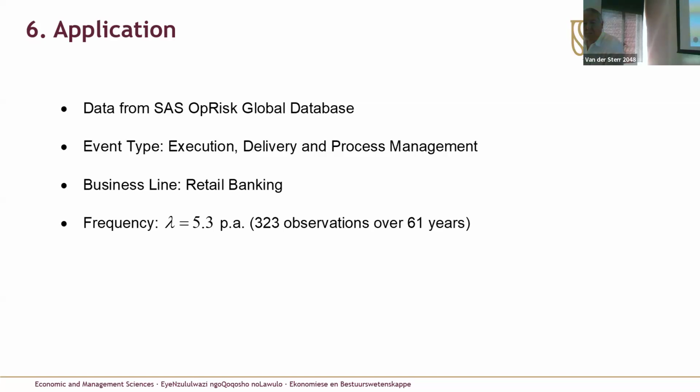Since we're working with an annual rate, it gives us 5.3 per annum. So if you think of the p that we're interested in, was 0.001, we now have to take 0.001 divided by 5. Okay, so that's a factor of 5 smaller, which is then very small.